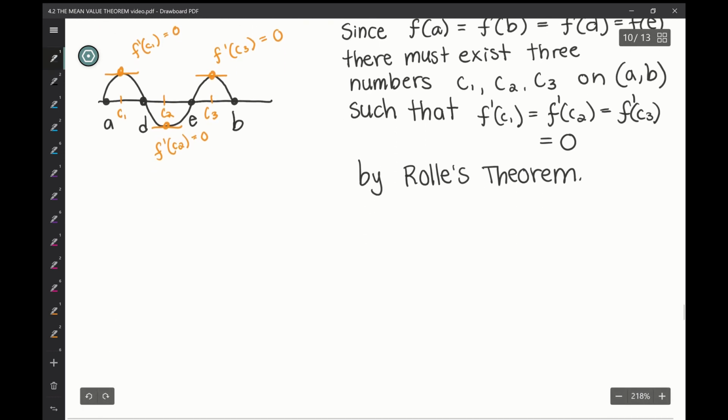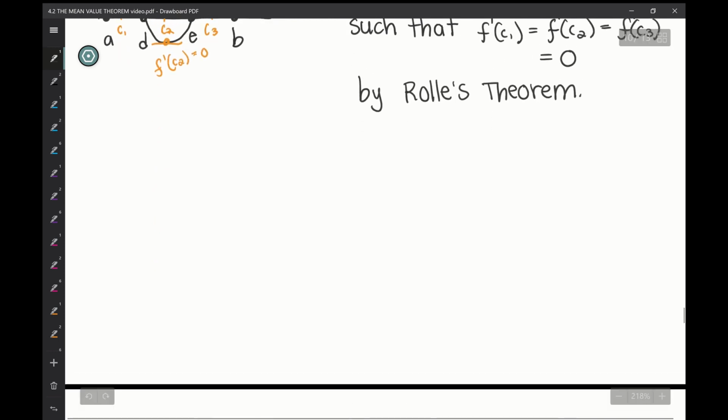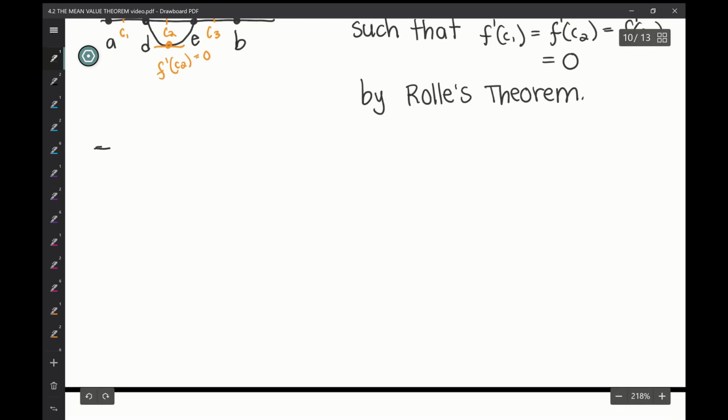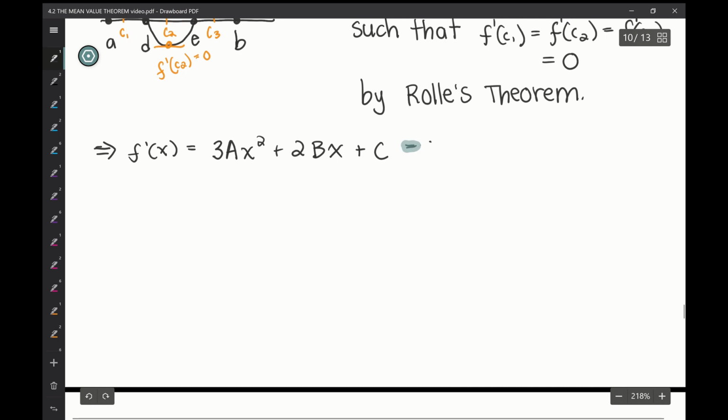So let's find what these c's are equal to. So that means that f prime of x is equal to, well, let's take the derivative. So that'll be 3ax squared plus 2bx plus c. And that means that we're going to have three values, so three solutions, to this thing being equal to 0.